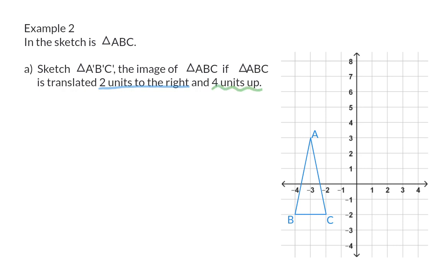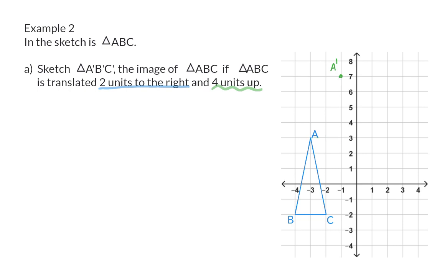So here we are not asked to give the new coordinates, but to draw the new sketch on the system of axes. I'm going to start taking point A, which is at (-3, 3), and moving it 2 units to the right to get to -1, and then 4 units up. So A prime will be at (-1, 7).